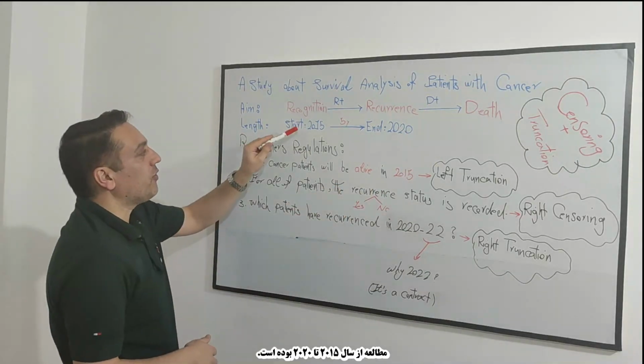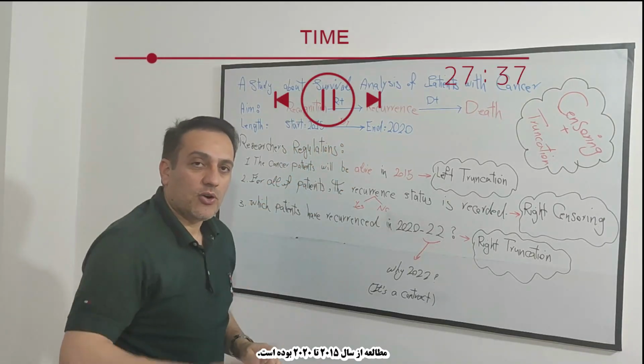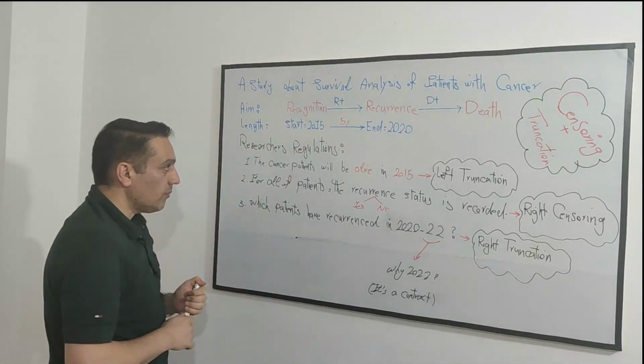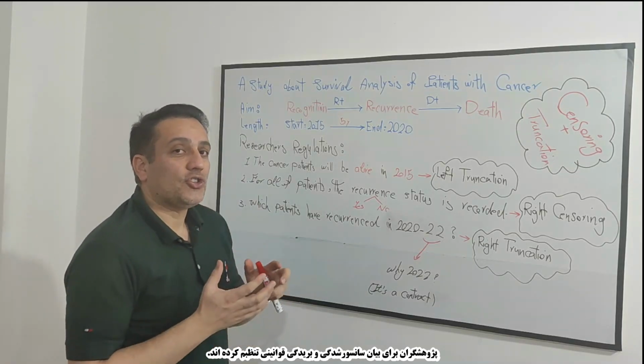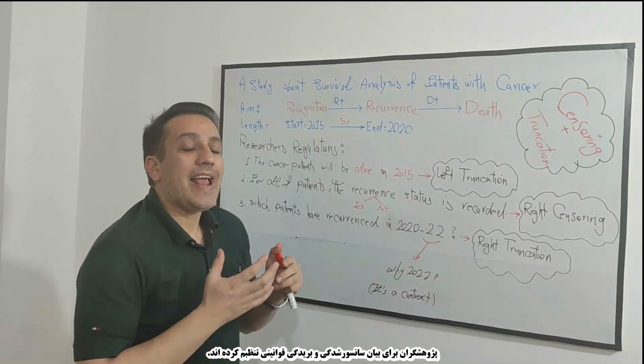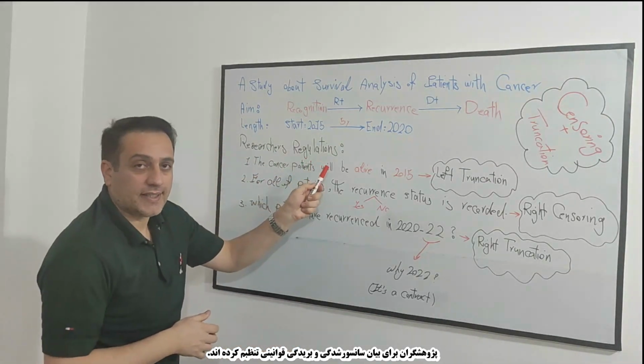This study starts from 2015 to 2020, meaning 5 years. But to explain censoring and truncation in an example, researchers have some regulations.